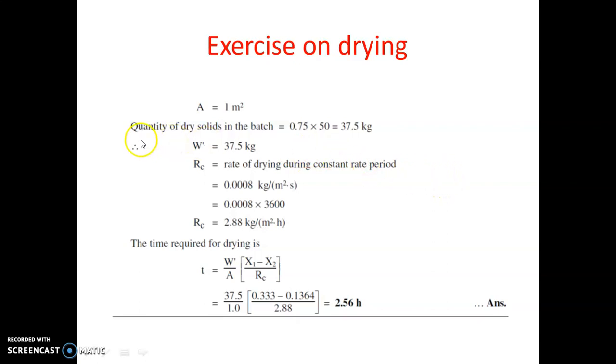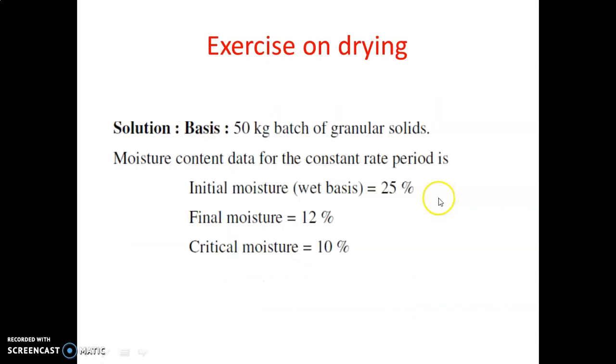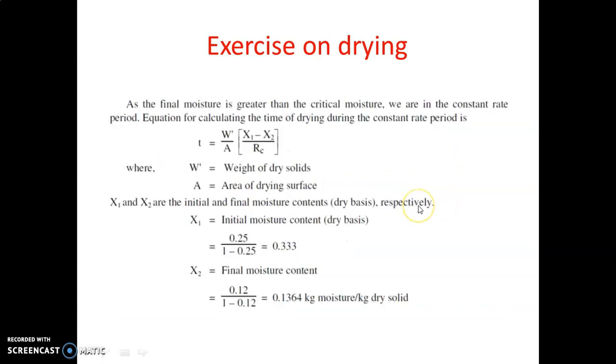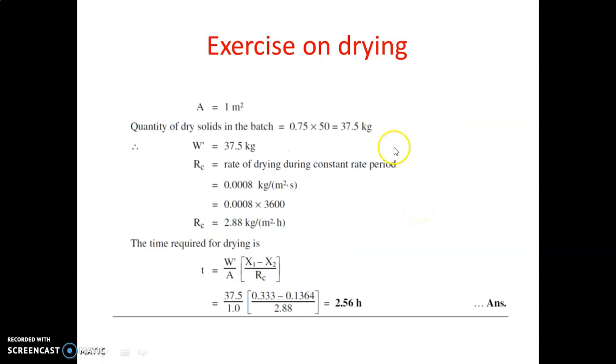Then we have to calculate W dash, because in the problem it is given that we have 50 kg of granular solid and initial moisture content 25%. From that we can calculate the quantity of dry solid in the batch. If 25% is the moisture on a wet basis, the remaining 75% is dry solids.